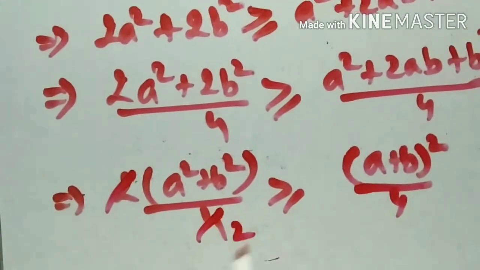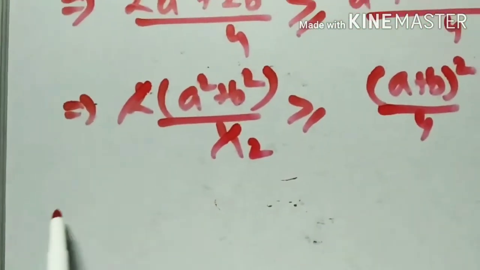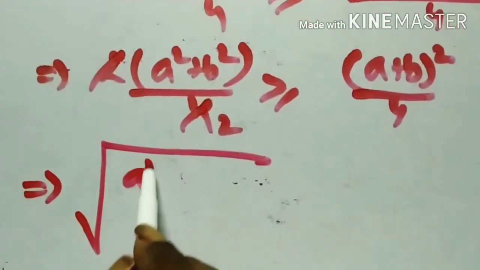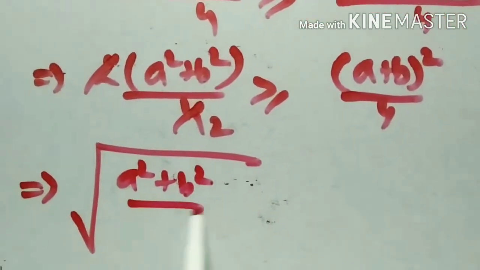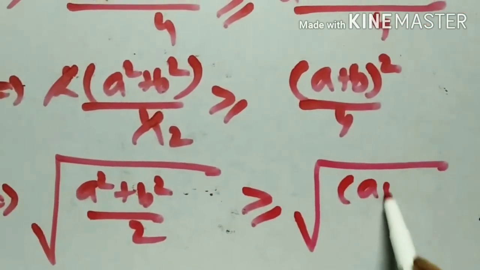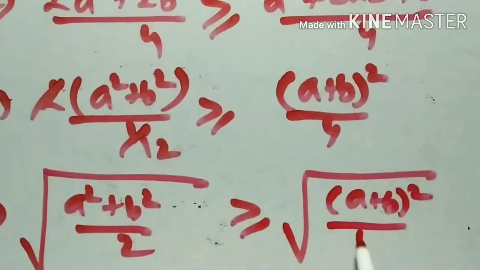Now I am going to take the square root on both sides. Root of (a square plus b square) by 2 is greater than or equal to root of (a plus b) the whole square by 4.